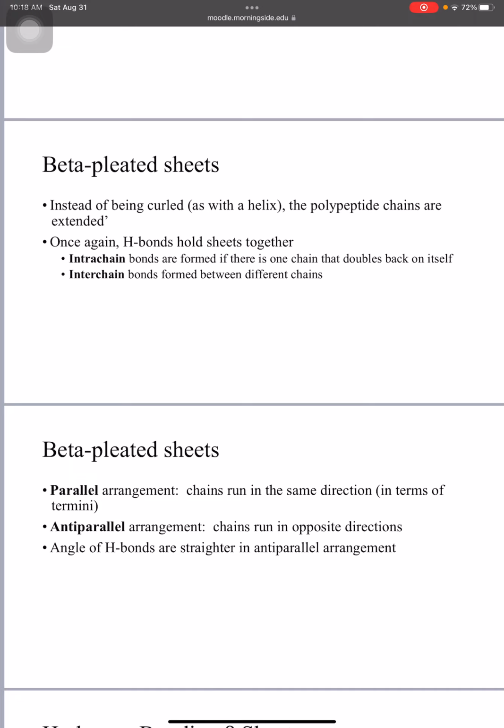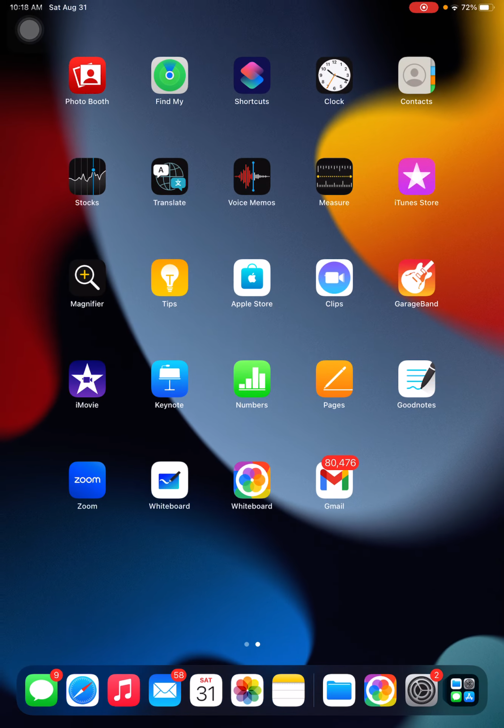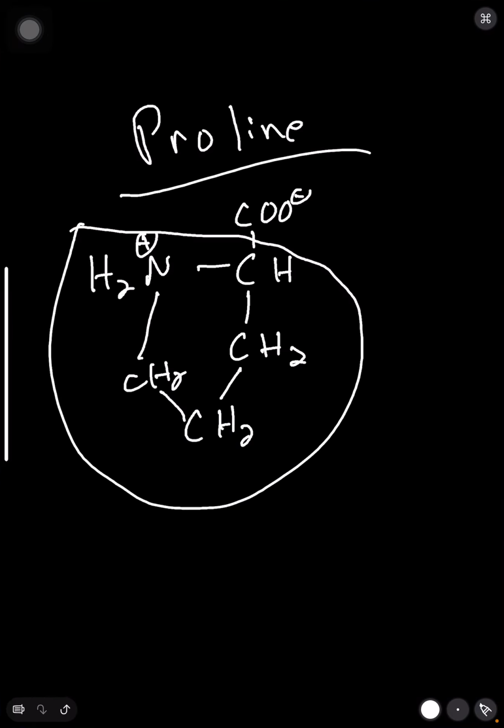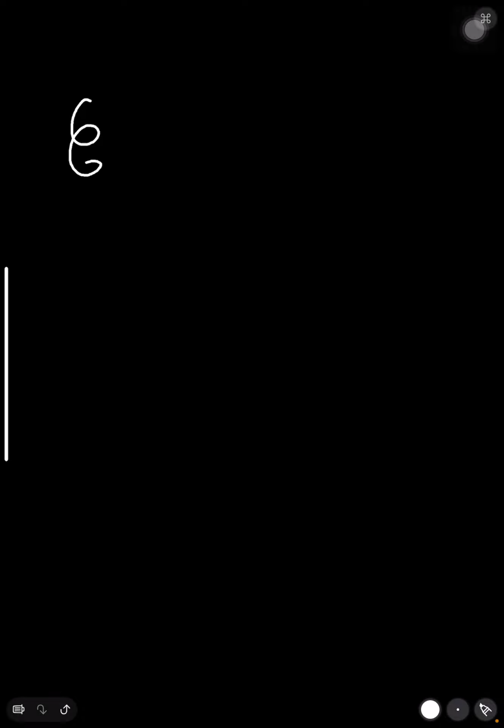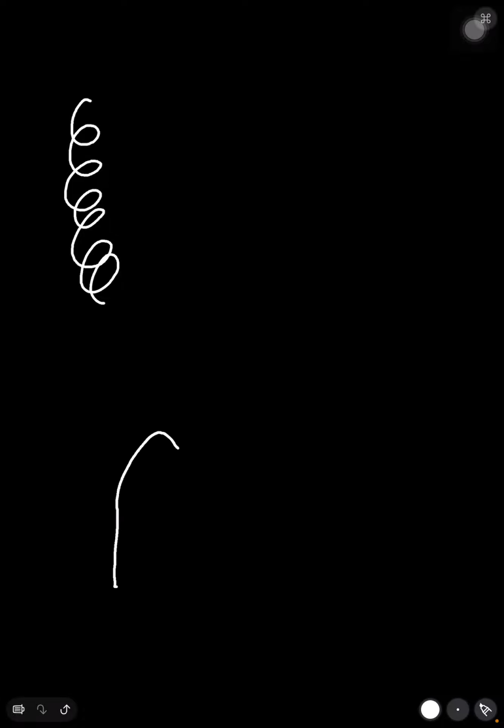They're going to be extended, and they're going to form these sheet-like structures. If an alpha helix looks something like that, a beta sheet would be more something like that.